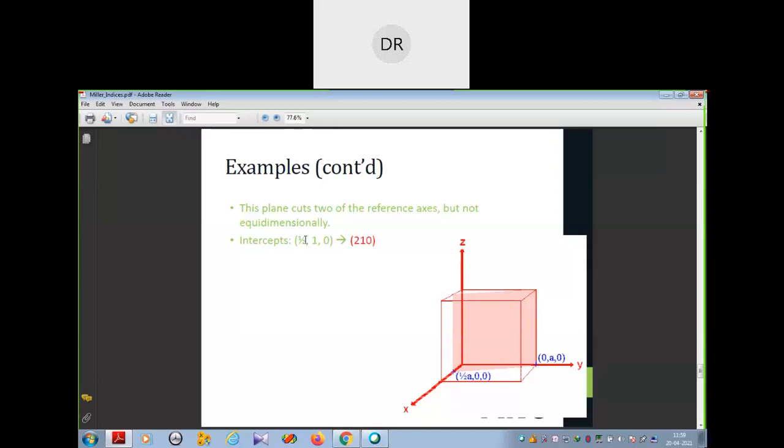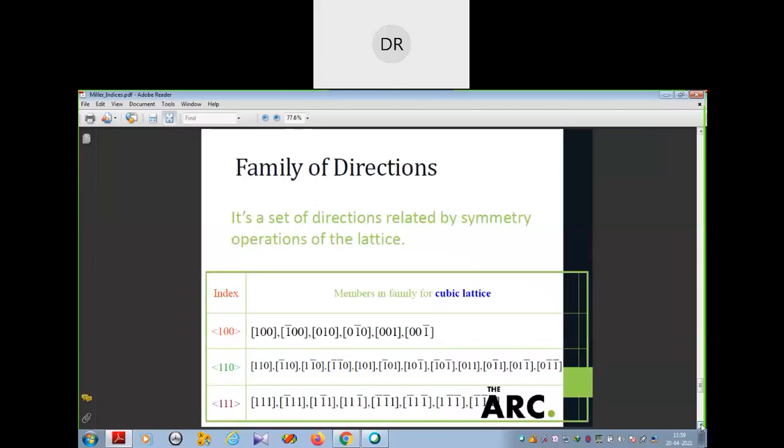So reciprocal means 1 by half is 2, 1 by 1 is 1, and 1 by 0 is 0. So the Miller indices will be 2, 1, 0. Understood? Yes, sir. Okay, fine.